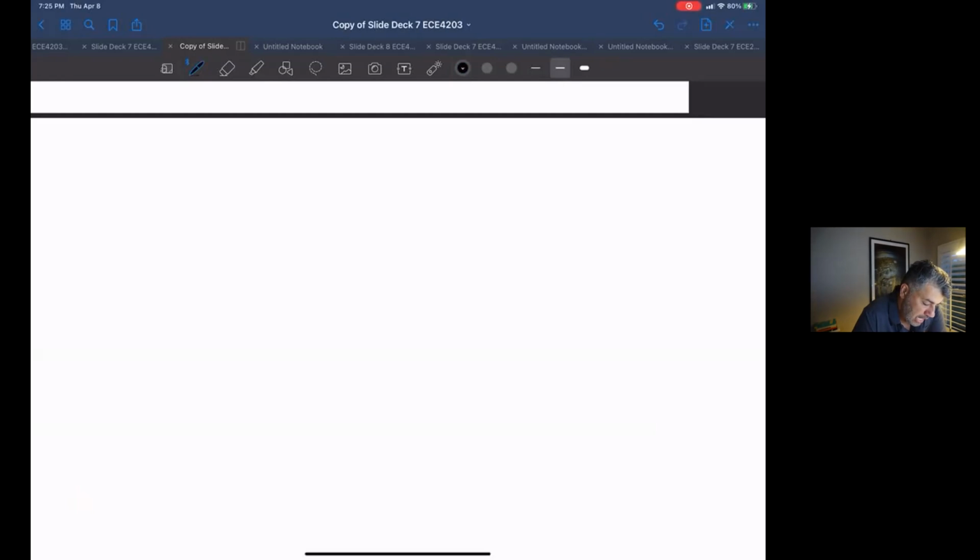Remember that for any CMOS gate, we had the pull-up network and the pull-down network.